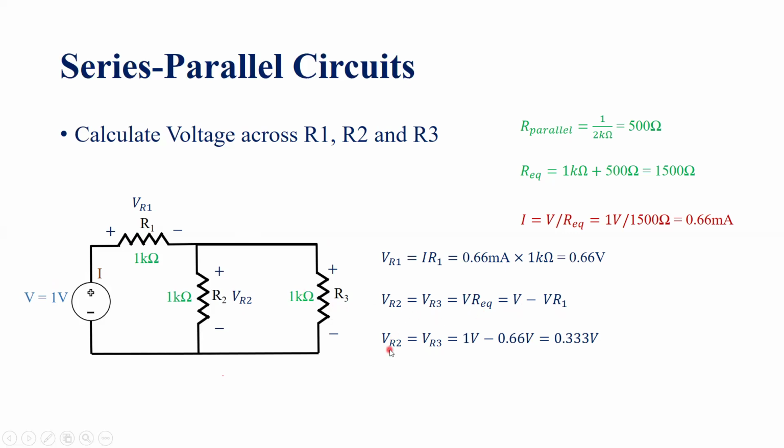By putting the value of voltage V, which is 1 volt, minus VR1, which is 0.66 volt, we get the voltage across R2 or R3 to be 0.333 volt approximately. So this is how, by simply applying Ohm's law, we can calculate all the voltages and currents in the circuit.